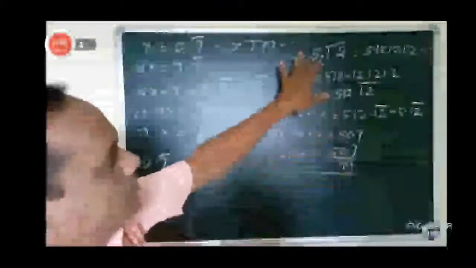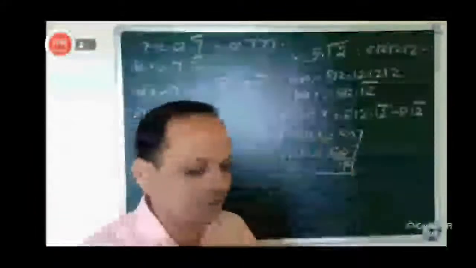So 100x minus x equals 512.12 bar minus 5.12 bar. This implies 99x equals 512 minus 5, which is 507. The 1 2 bar is eliminated. So x equals 507 by 99. This is the rational form of a repeating non-terminating number.